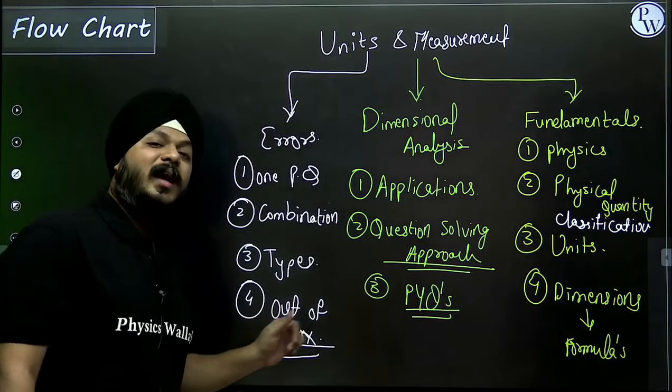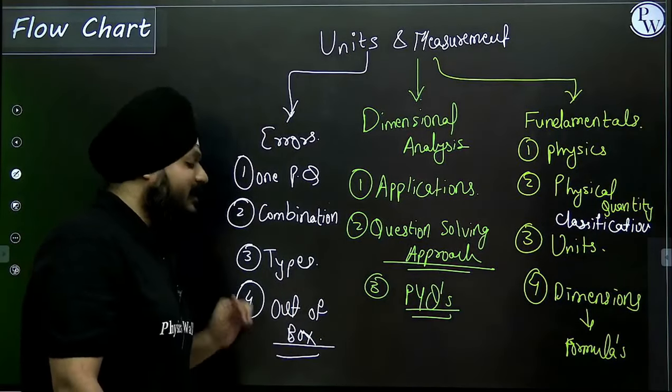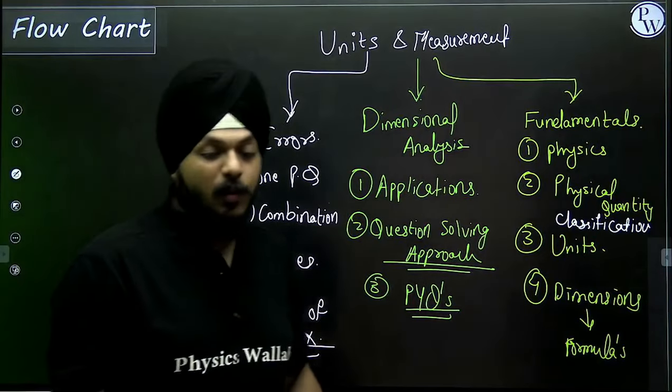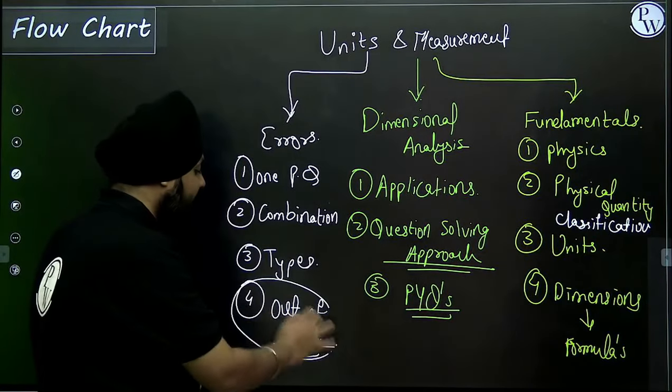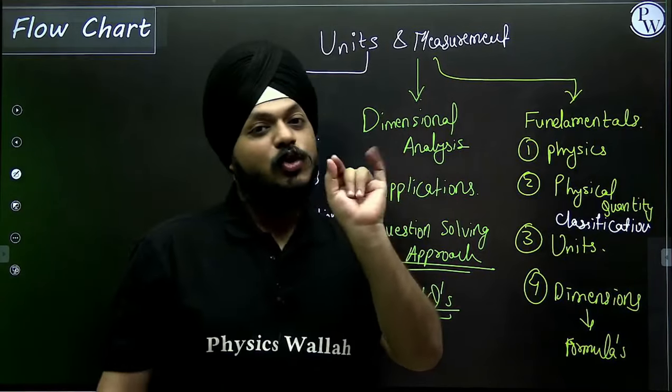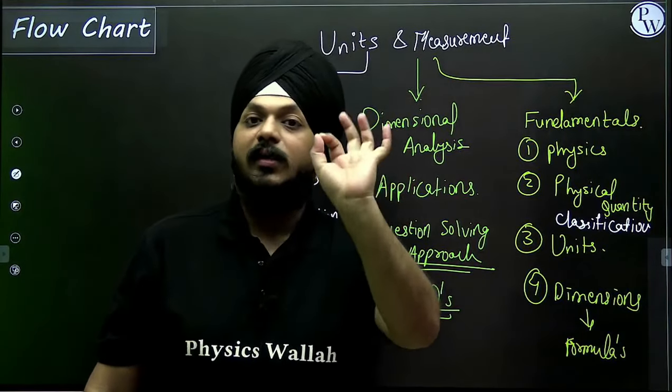But we are going to see only a glimpse of this. We are not going into that much detail, because this concept is completely for the advanced level, but I'm going to give you a short, simple explanation and approach for this.